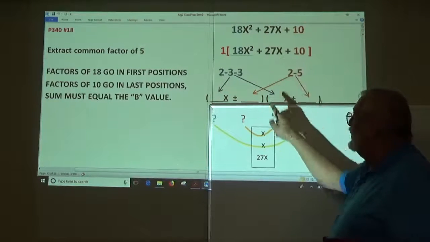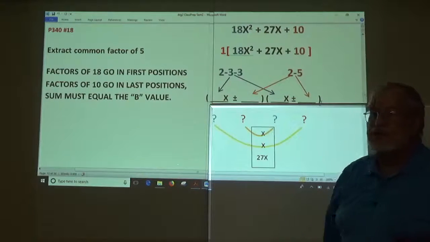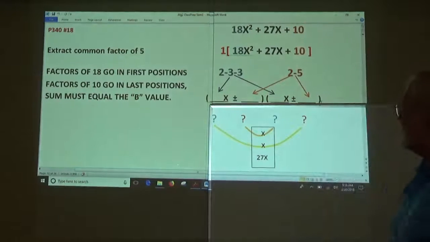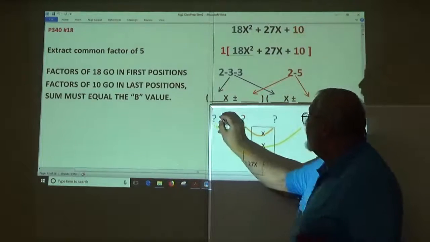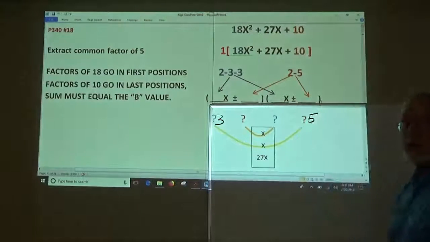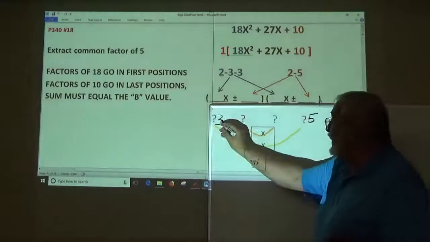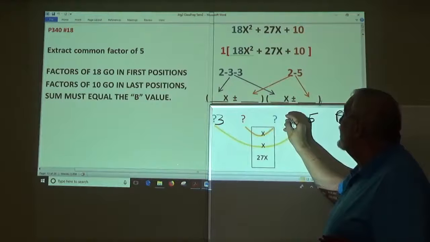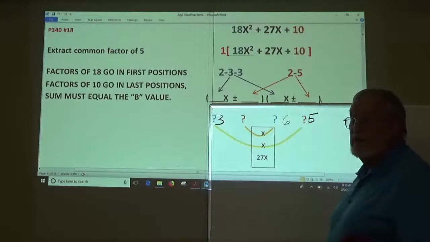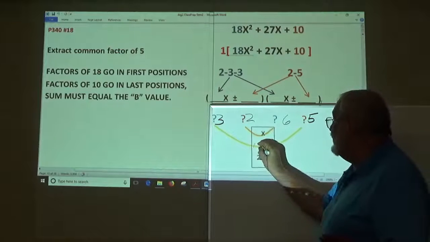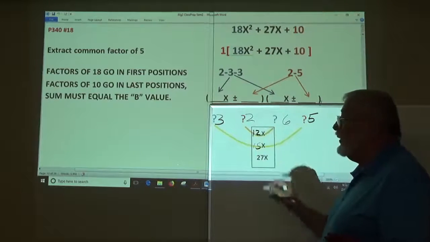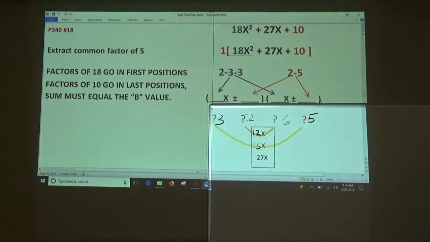In order to have an odd number, I have to multiply 2 odd numbers together. So that means it looks like the 5 and the 3 need to go together. Now what's left to get 18? 3 times 6 and 5 times 2. And now I have 15 plus 12, which is 27.